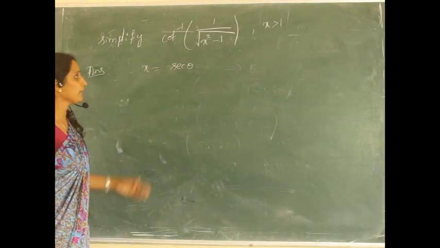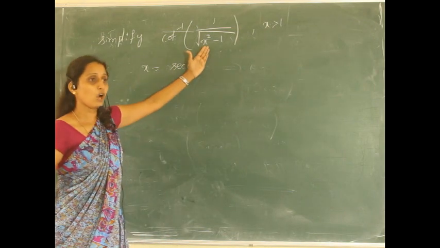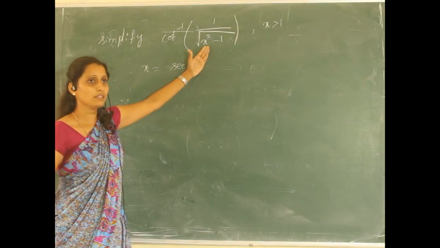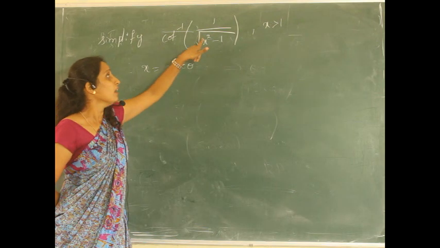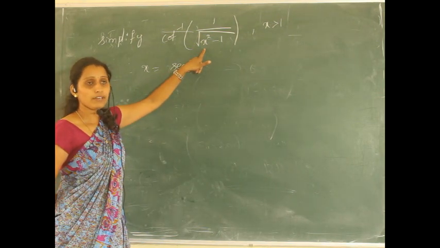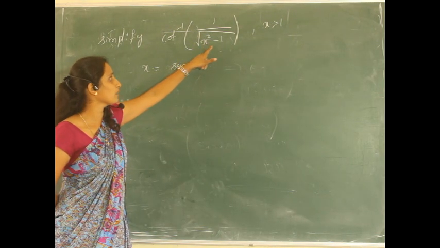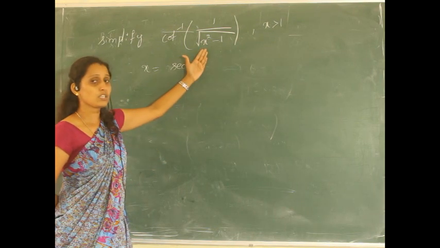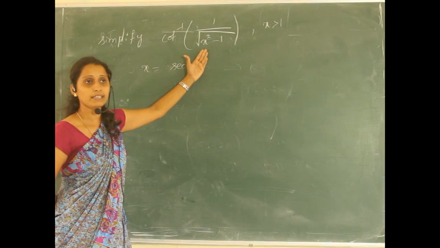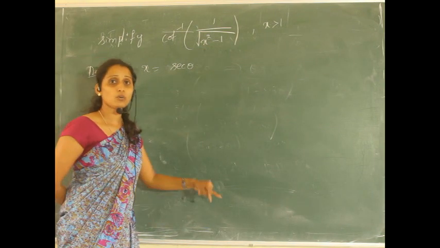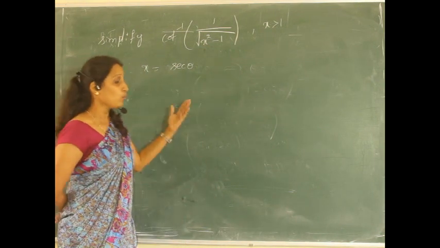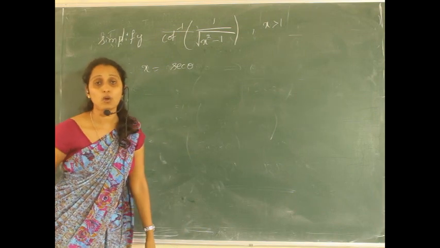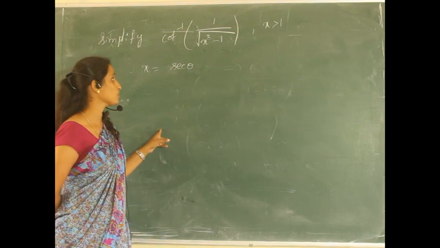secant theta. Why am I taking secant theta? If I take cos theta or sin theta or some other value, suppose sin theta, we get sin square theta minus 1, and we don't have any identity like that. If I take cos theta, cos square theta minus 1, we don't have any identity either. We have the identities cos square x plus sin square x equal to 1, 1 minus sin square x equal to cos square x, or 1 minus cos square x equal to sin square x.